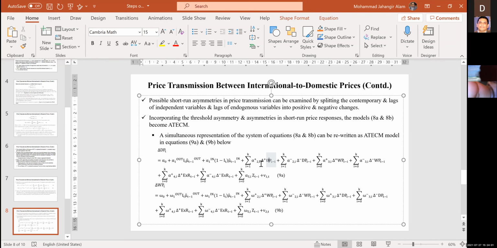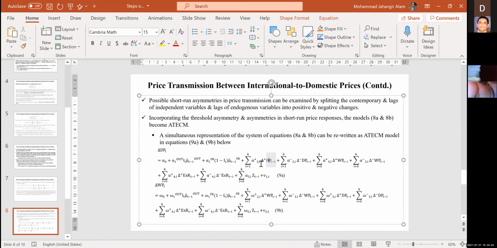When we say first difference, difference means change, right? Change could be positive or negative. So our intention is, for example, if a price goes up, a positive change, whether that positive change is reflected in changes in the domestic price, the dependent variable, right?